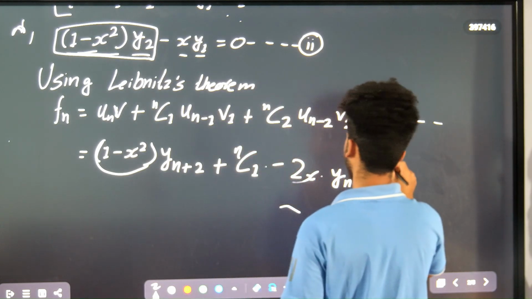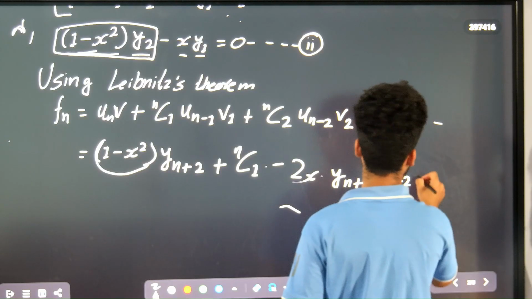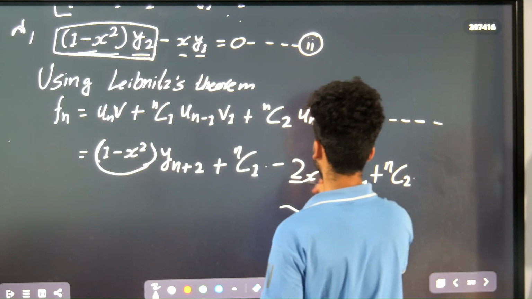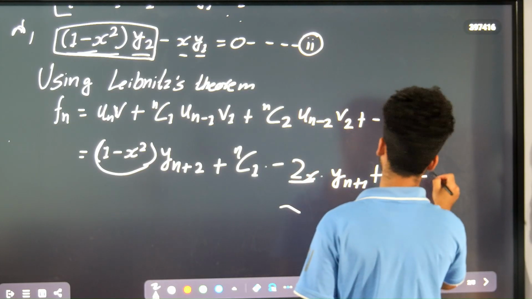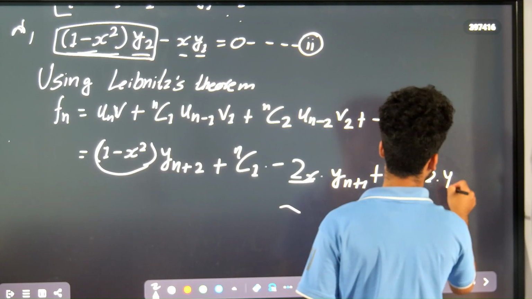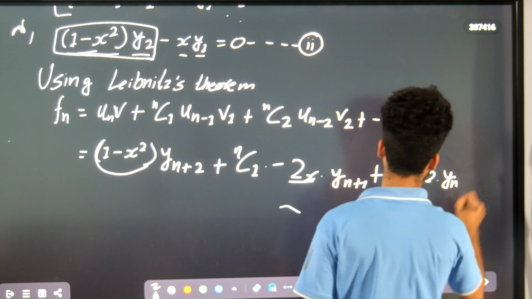Again plus nC2, but the derivative of this term minus 2x is minus 2, and it becomes yn.